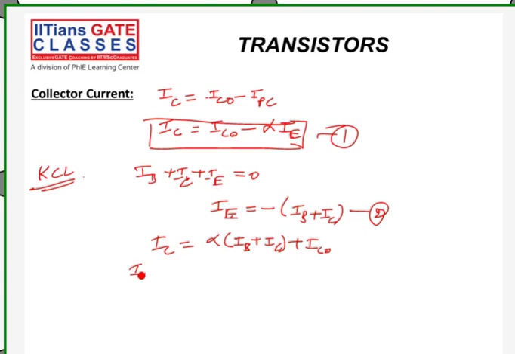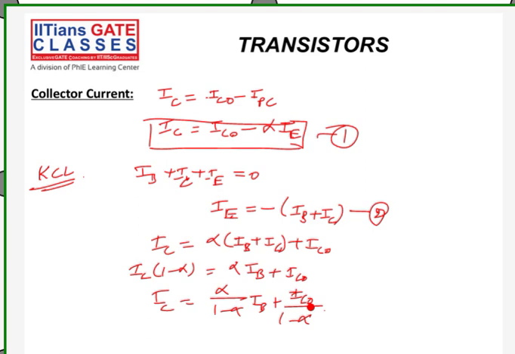So now this IC will come here. I'll write IC into 1 minus alpha is equal to alpha IB plus ICO. It means IC is equal to alpha divided by 1 minus alpha into IB plus ICO divided by 1 minus alpha. So here we are getting two different values.